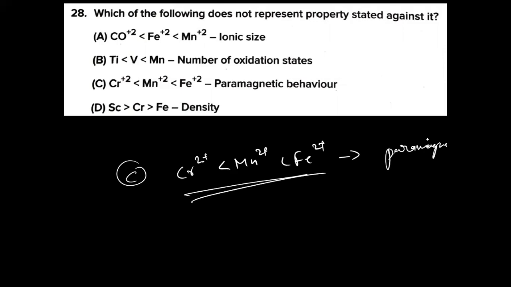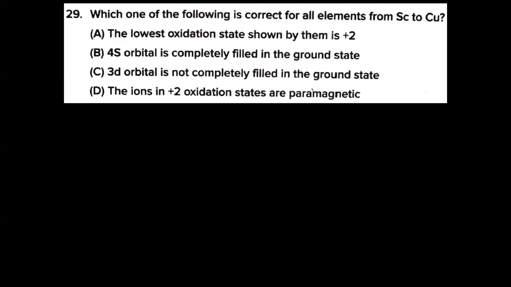So which is not the correct order? Paramagnetism is based on the number of unpaired electrons. As unpaired electrons increase, the paramagnetic nature increases. That also depends on the alignment of electrons. So for 28, option C.